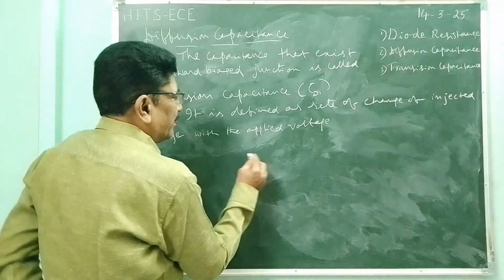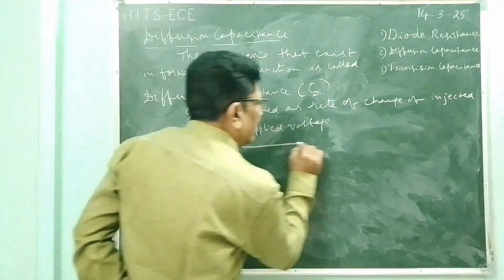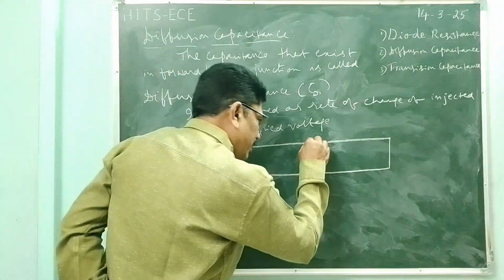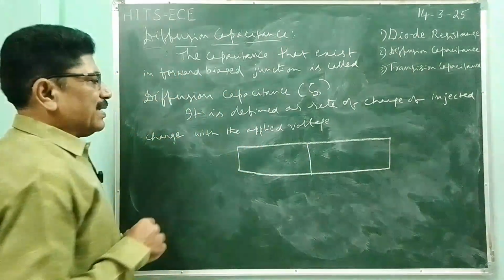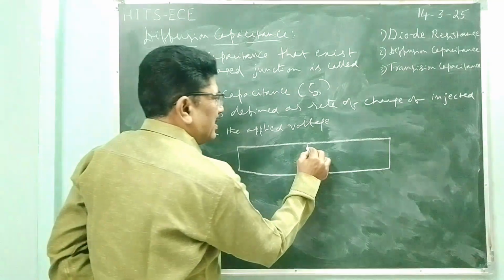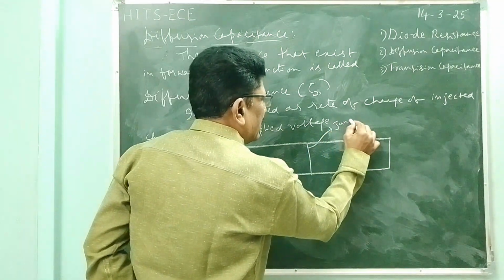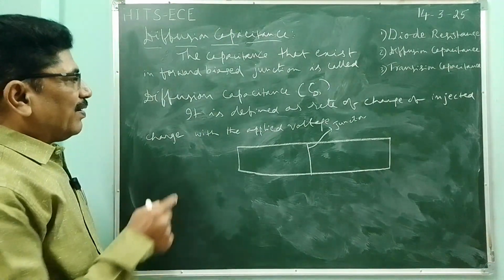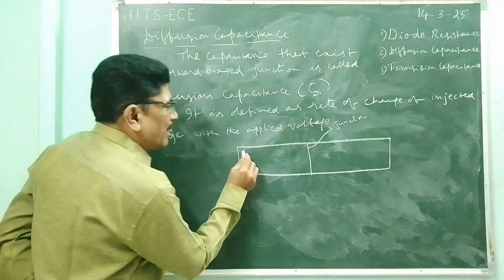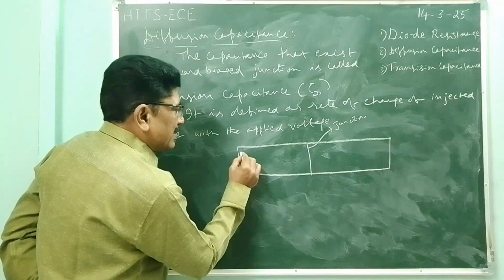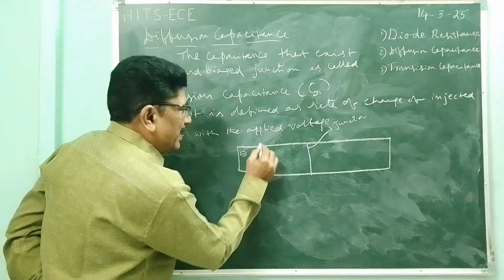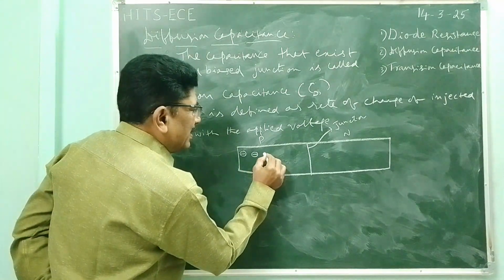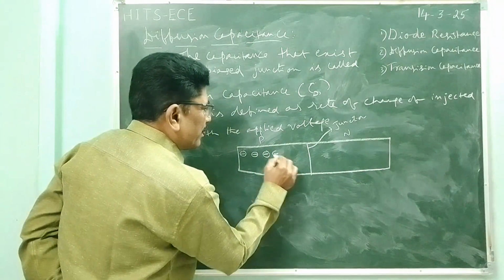Okay, let us consider the forward biased PN junction diode. This is the junction. To understand what this injected charge is, and how the charges are created near the junction: in P-type we have majority carriers, holes.